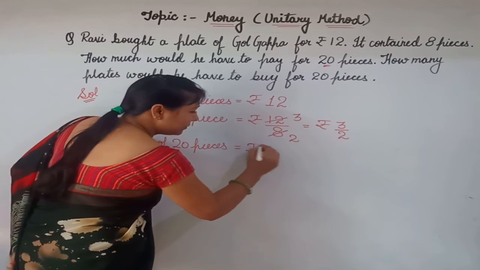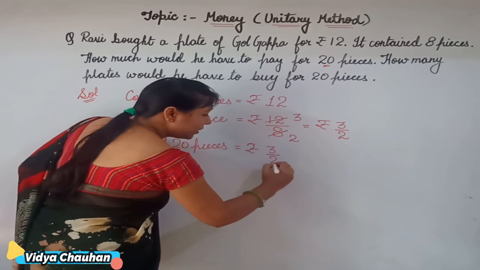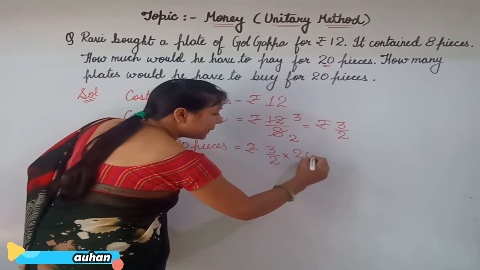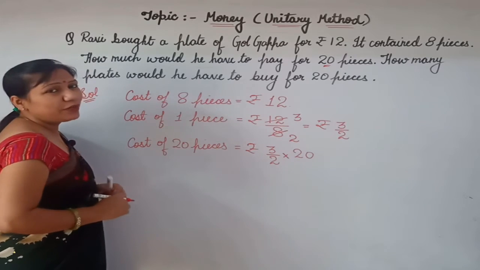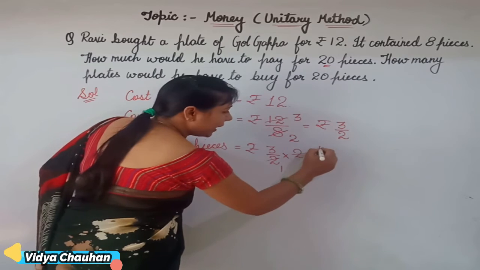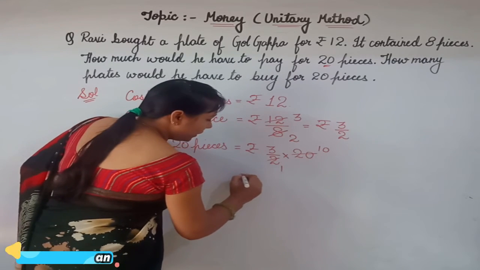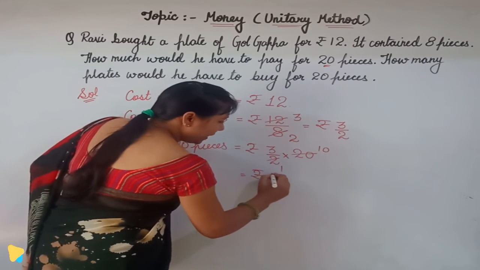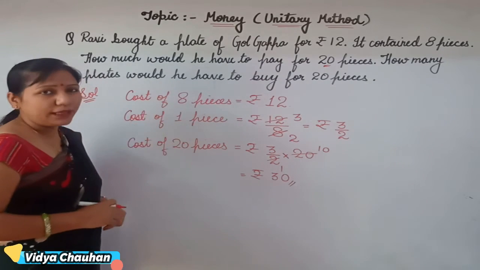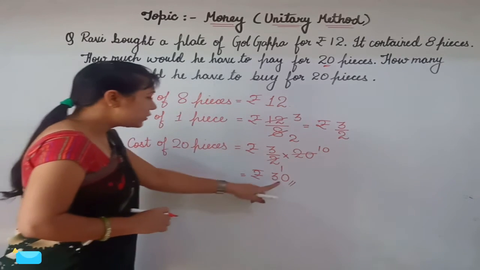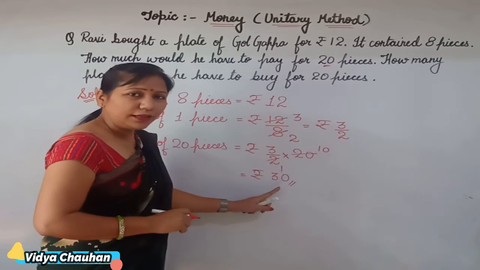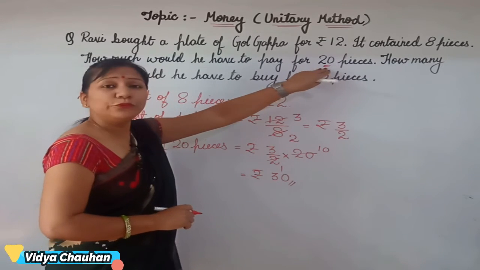So let's multiply the cost of 1 Golgappa by the number of Golgappas, that is 20, which Ravi wants to eat. Now simplify the term here, 2 1s are and 2 10s are. So the cost of 20 Golgappas which he wants to eat is rupees 30. This is the solution for the first part.